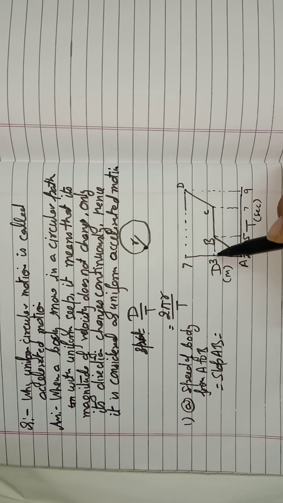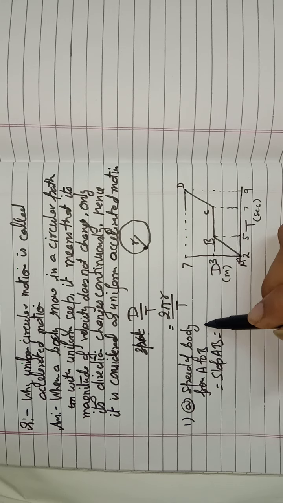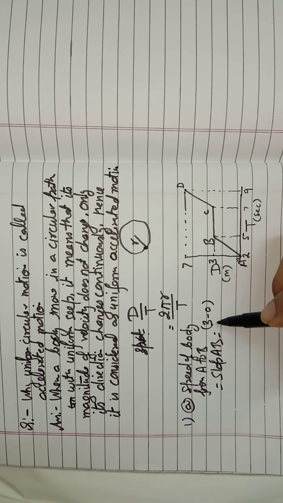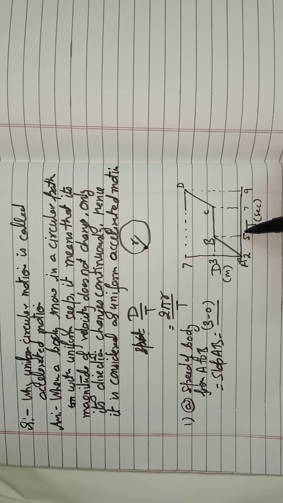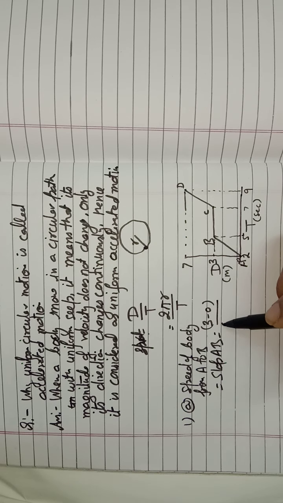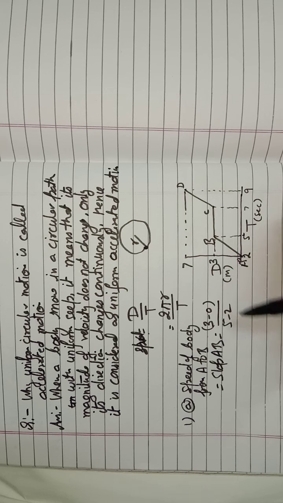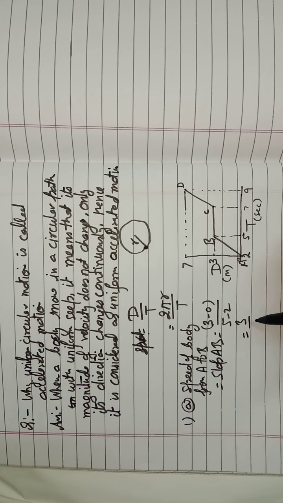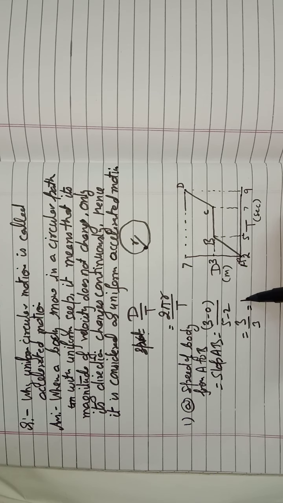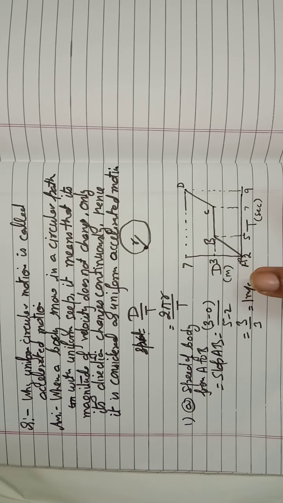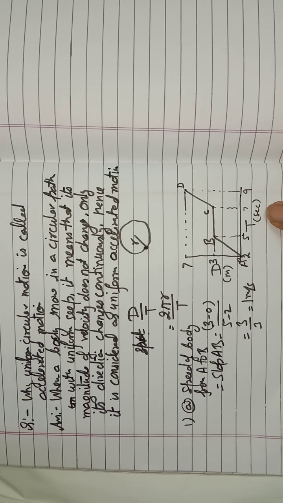Starting from 0 and finally it is at the 3 point. So we can say 3 minus 0 upon this base, and this base is 5 minus 2. Find this length and then this one and divide it. It will be 3 upon 3, that is 1 meter per second, since distance is in meters and time in seconds.